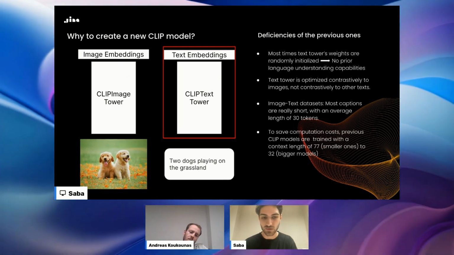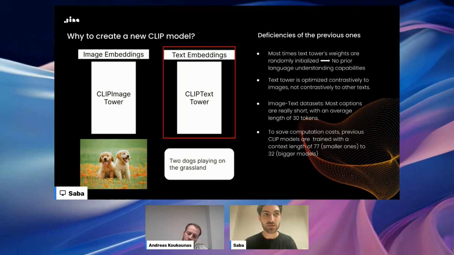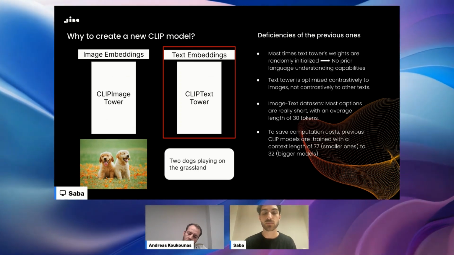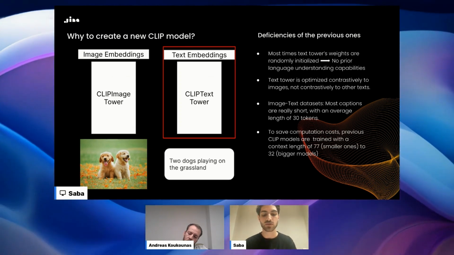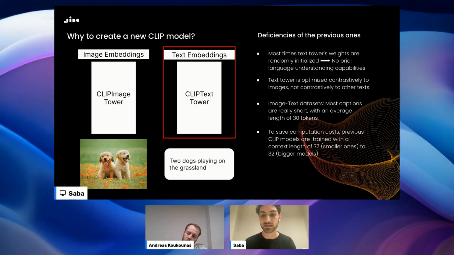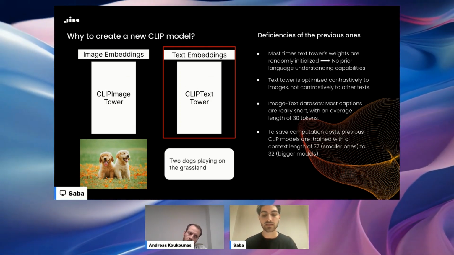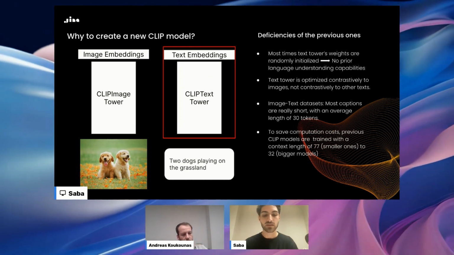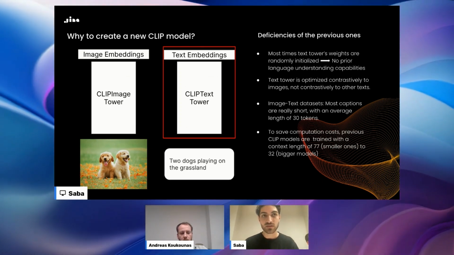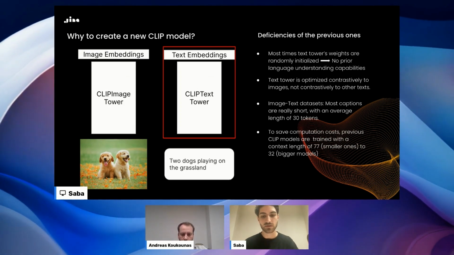And in production, this is a bit inefficient, because when we have models, we not only have cross-modal retrieval, for example, but we also want to use our models for text-only tasks. Since the text encoder of the CLIP model does not work well with text-only tasks, developers have to store two separate vectors for their texts.